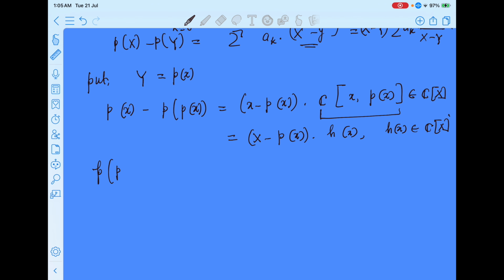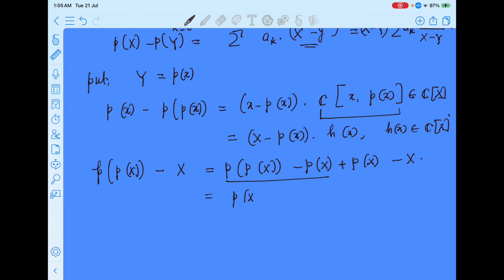Now p(p(x)) minus x is equal to p(p(x)) minus p(x) plus p(x) minus x. Okay, so you can write it as, by this equation, p(x) minus x times h(x) plus p(x) minus x.